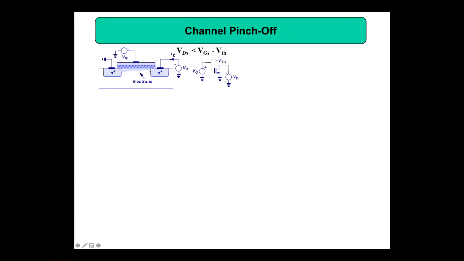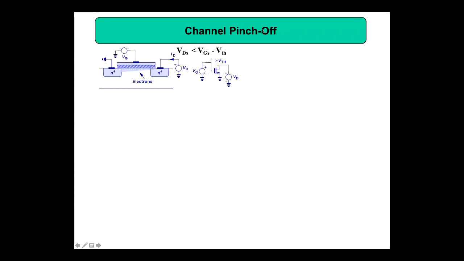So then here VDS, the voltage between drain and source. Whenever we write VDS it means VD minus VS, voltage at drain minus voltage at source. That is less than VGS minus VTH. So now we are going to study one phenomenon called channel pinch-off.